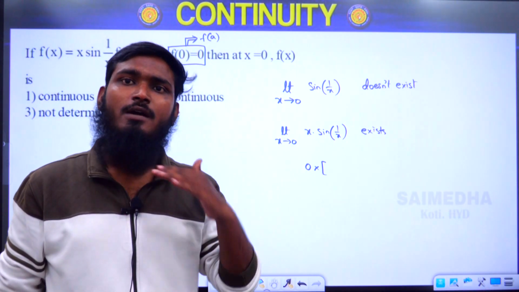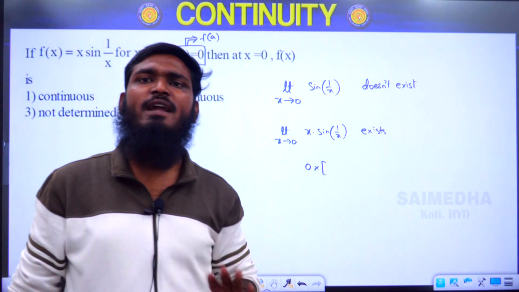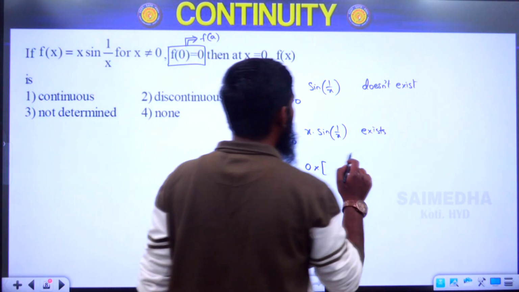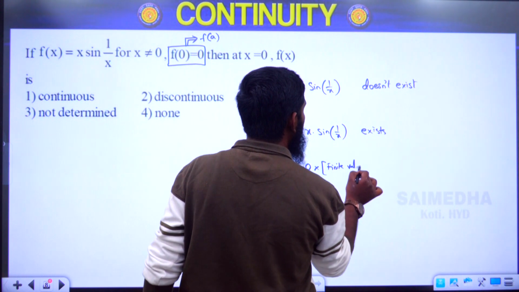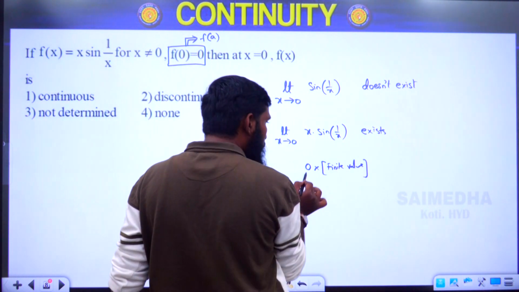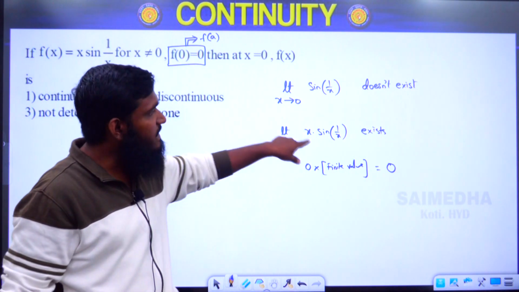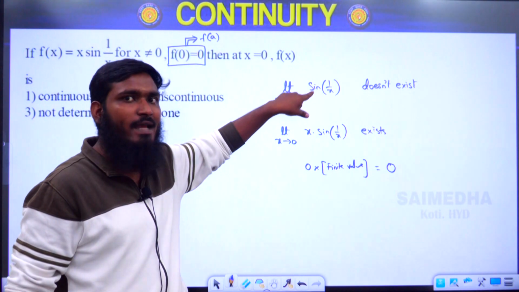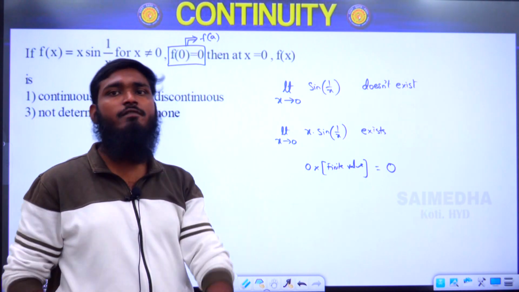That means we will get some finite value there. So a finite value into 0 is equal to 0. So if you have x into sine of 1 by x, the answer will be 0. If you have only sine 1 by x, then the answer is that the limit doesn't exist. So these two conditions we compulsorily have to remember.